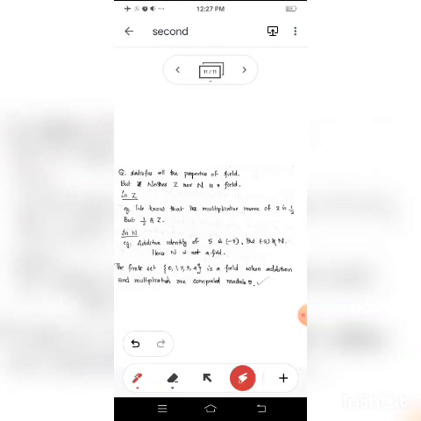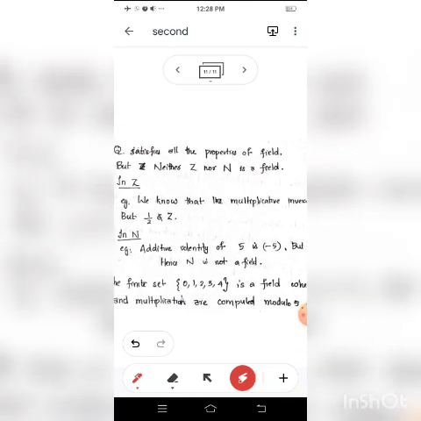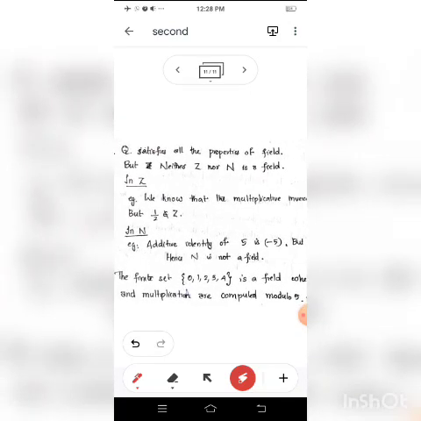So that set also satisfies the commutative property, associative property, distributive property, additive identity, multiplicative identity, additive inverse and multiplicative inverse. So we can say that Q is a field, and we extend this to real numbers, and real numbers is also a field.